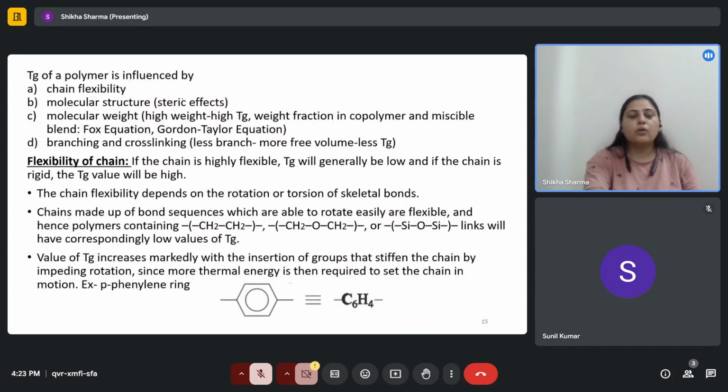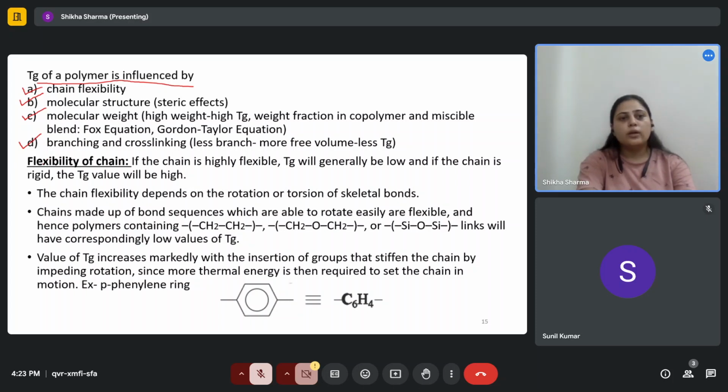Why? Because the glass transition temperature of a polymer is influenced by several parameters, such as the chain flexibility, the molecular structure or the steric effects, third is the molecular weight, and fourth is the branching and the cross-linking.